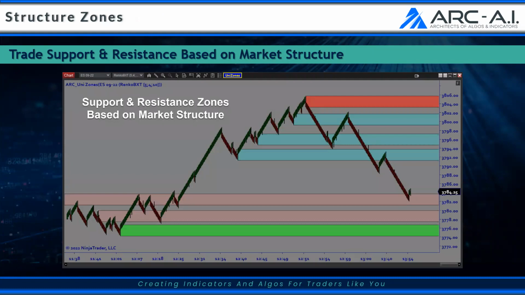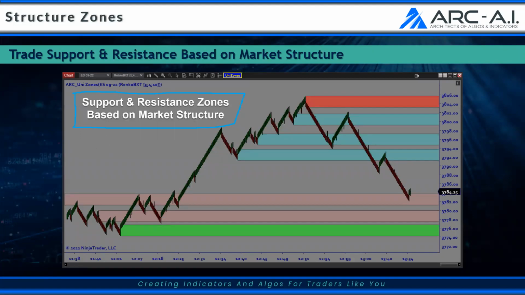Now we have a tool that I'm going to be showcasing toward the end here. I'm going to show you more of the trading philosophy, the structure analysis first, and then we're going to take a look at what this tool can do. But this will plot support and resistance zones based on market structure. The best way that I've found to plot these zones is with Renko charts.